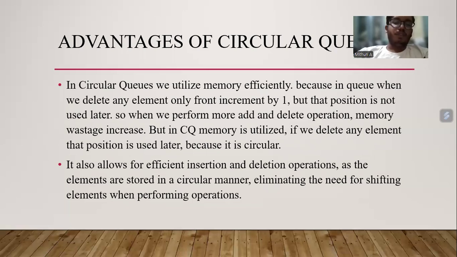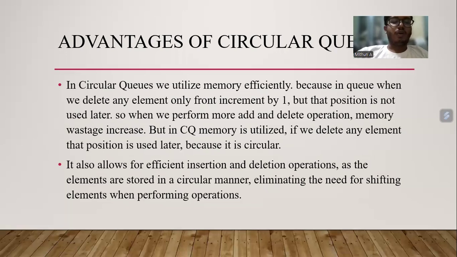So when we perform more addition and deletion operations, memory wastage will be more. In order to avoid this, we use circular queues, so that memory is utilized: if we delete any element, that position is used later because it is circular. So no wastage of memory takes place in circular queue.